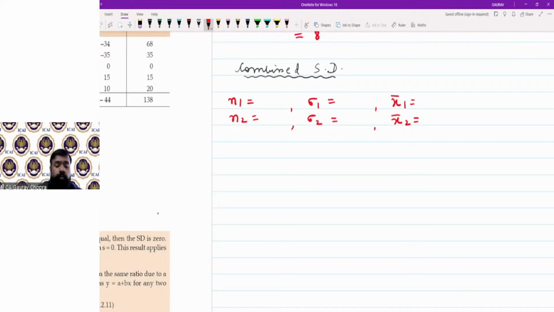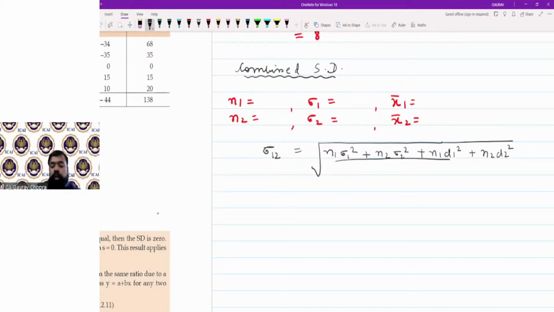So what is the formula for this combined standard deviation? We write sigma 1 2. 1 2 means it is the combination of first and second group. So what is the formula? It is root of n1 sigma 1 square plus n2 sigma 2 square plus n1 d1 square plus n2 d2 square upon n1 plus n2.